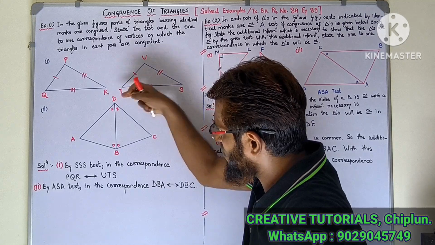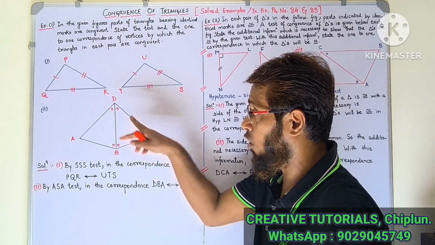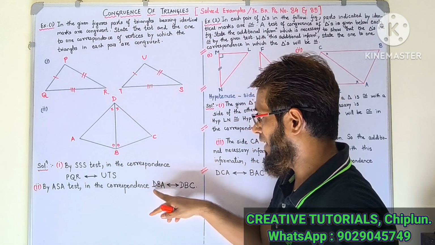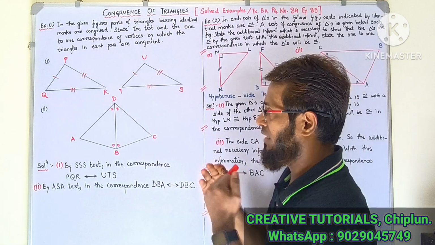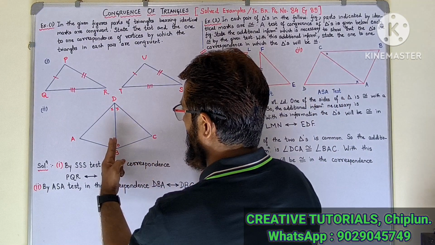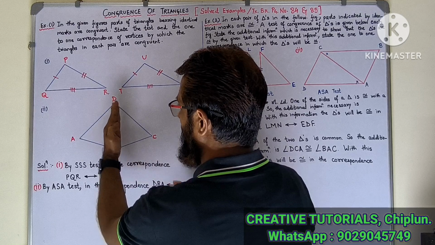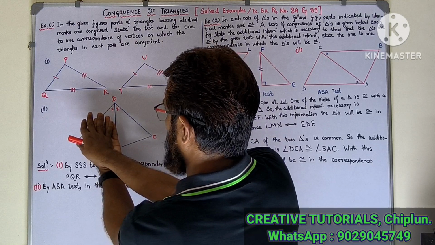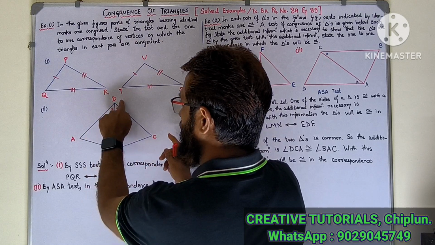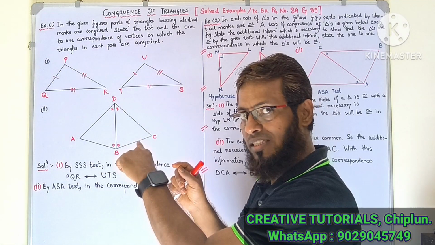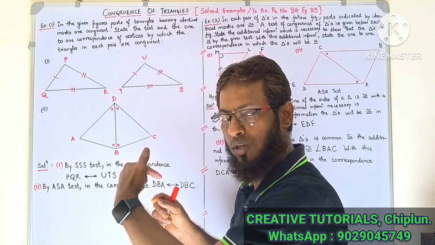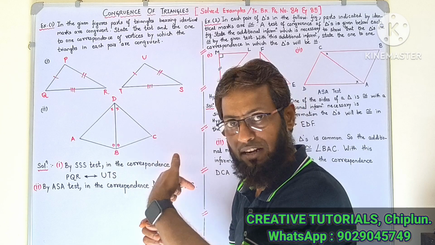My D is the first vertex, which is common for both the triangles. So D and D will get superimposed. If I fold here and superimpose this triangle on this, vertex D will remain there only. So vertex D of one triangle will get superimposed by the vertex D of the second triangle.